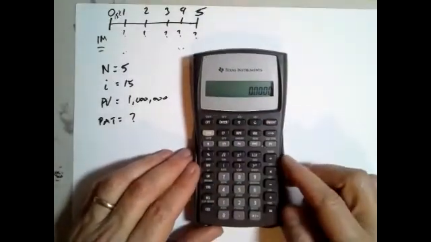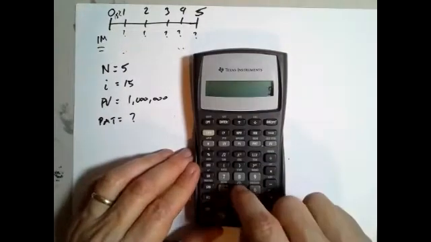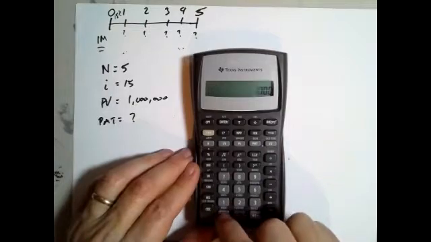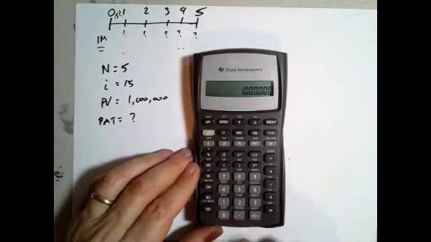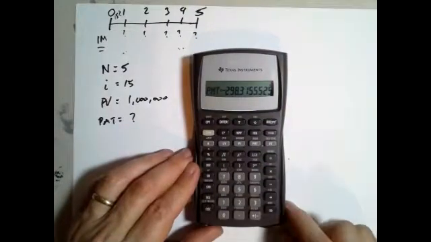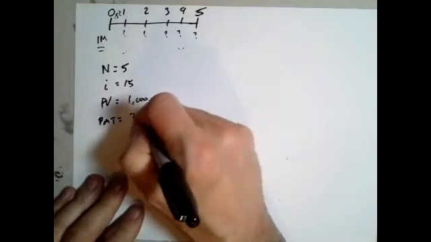So let's go ahead and fire up the TVM. First thing, we're going to clear that TVM out. N is 5, I is 15, PV is 1 million. Compute payment is going to be $298,316 roughly per year.